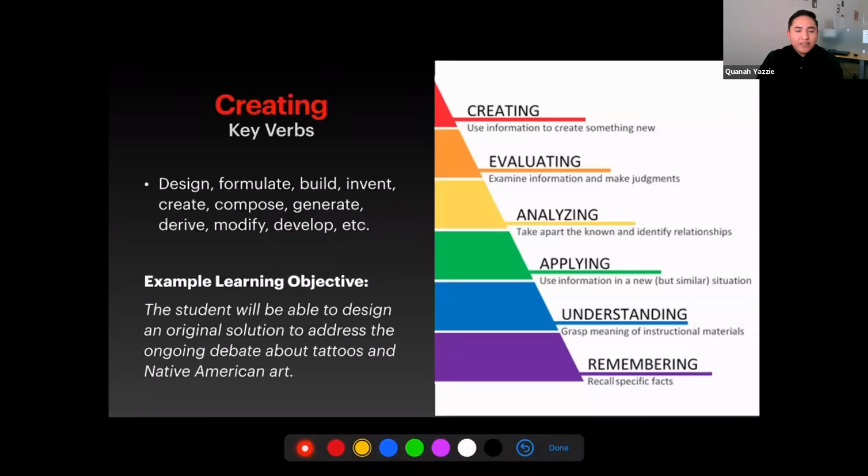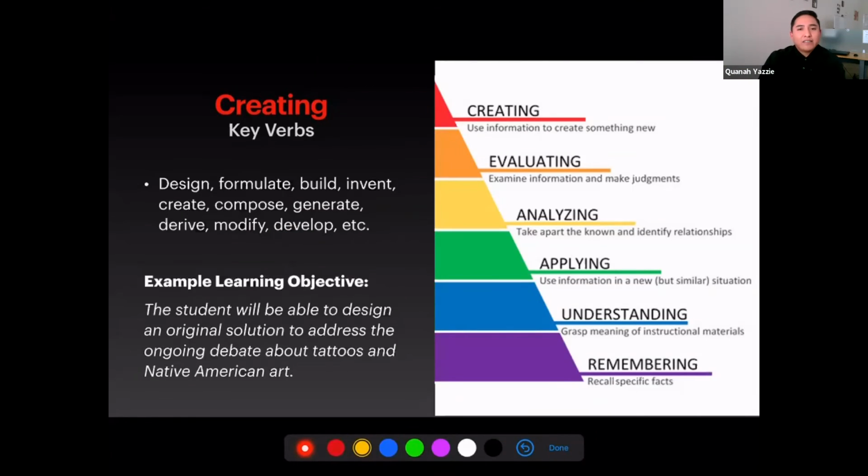Within the creating stage of Bloom's taxonomy, which is the highest order of cognitive thinking, we're using basically all of our brain power to create things. Some key verbs to look out for here are design, formulate, build, invent, create, compose, generate, derive, modify, develop.